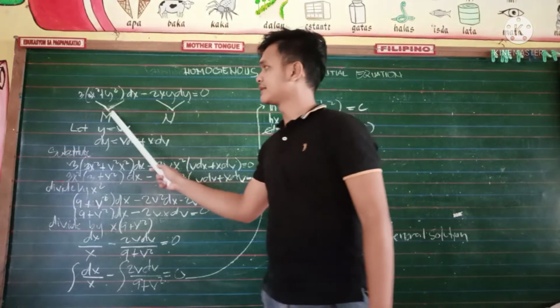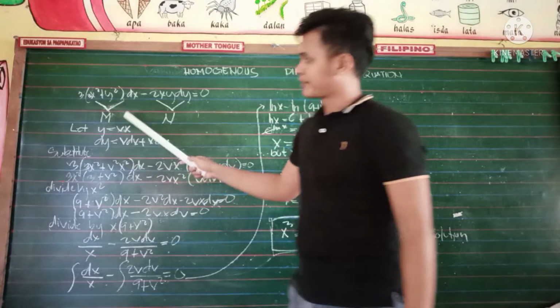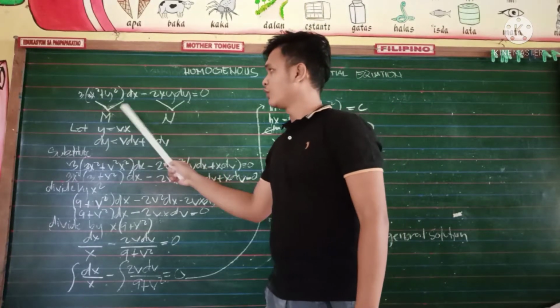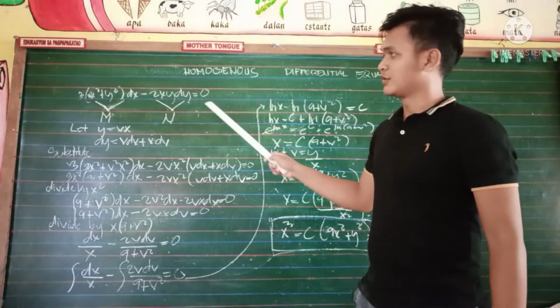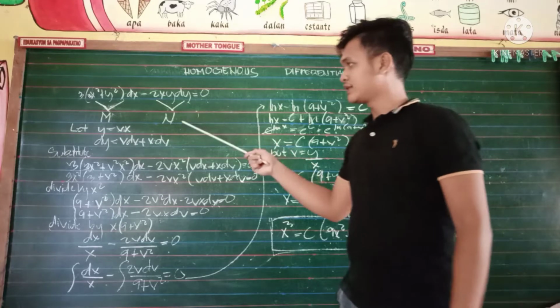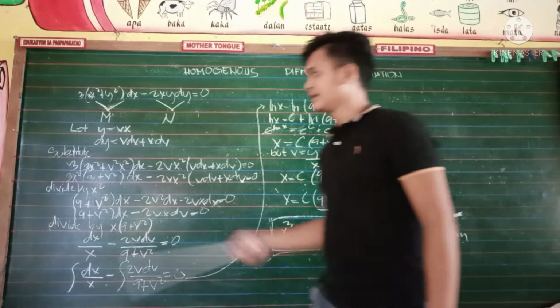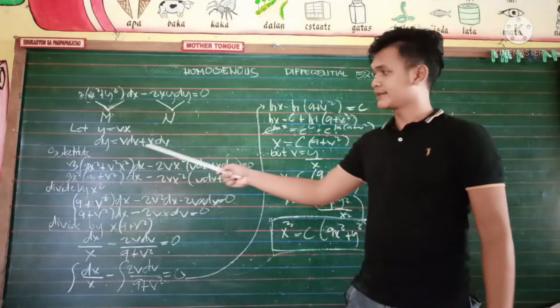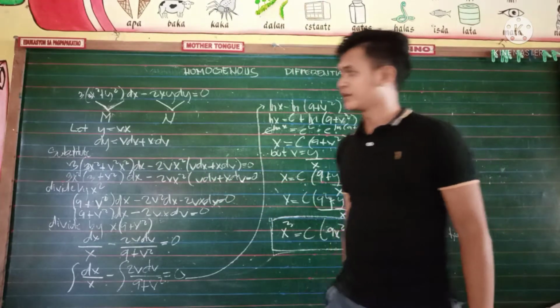In this equation, the dx is M and the dy is N. So we know which is the simplest. We find out that N is simplest, so we use the formula for N. Let y equals vx and dy equals v dx plus x dv.